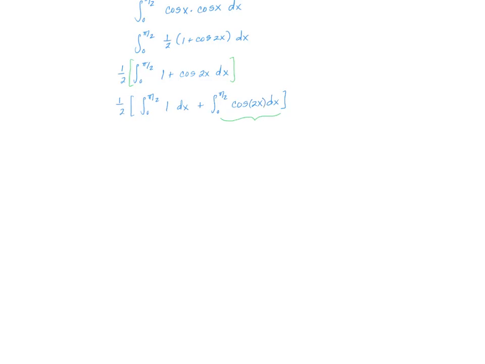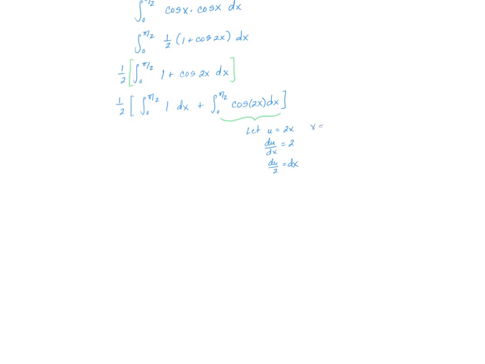So I'm going to change it by letting u equal 2x. So my du over dx is 2. I'm going to isolate the dx and write du over 2 is equal to dx.